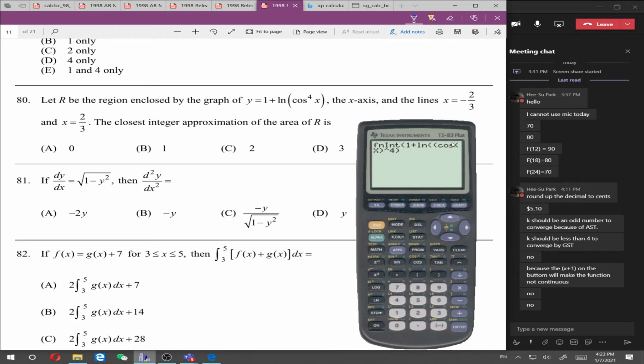Open, open, open. Close, close, close. Okay. So x from negative 2/3 to positive 2/3. Okay. So I've got 0.919. What's our closest integer approximation?